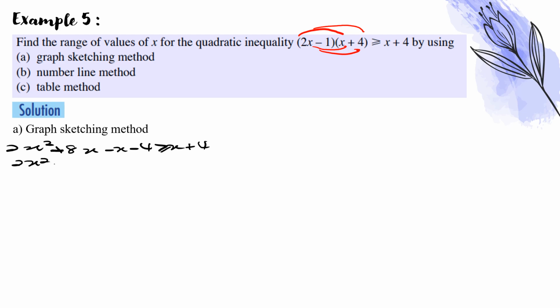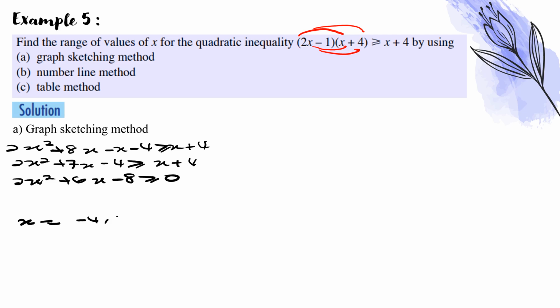2x squared plus 7x minus 4 more than or equal to x plus 4. Move x plus 4 to the left hand side. You will get 2x squared plus 6x minus 8 more than or equal to 0. And then press the calculator. You will get x is equal to negative 4 and x is equal to 1.